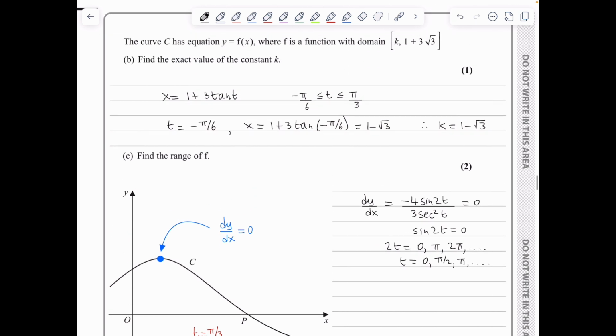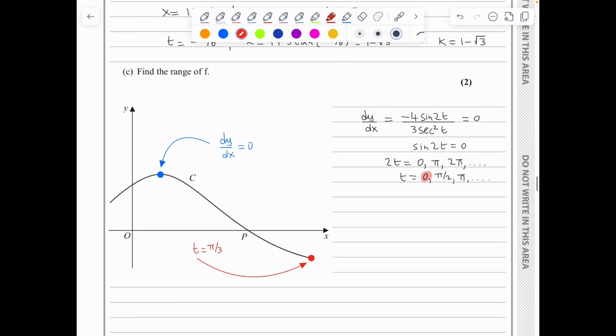Looking at the domain of values for t, I can see that the only solution out of the 3 here is the 0. So I need to evaluate y when t is 0. So when t is 0, we get that y is equal to 2 cos of 0, which gives an answer of 2. This is the y coordinate of the maximum here.